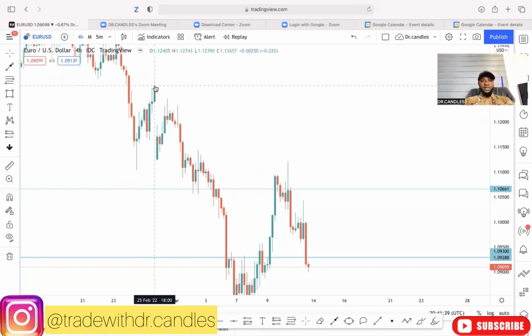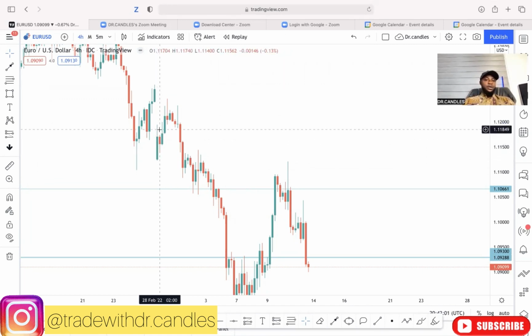So if this is the total gap, I can target maybe the first half. And this first half can be at least about 20 to 30 pips. So if it is more than 20 pips, I still target 20 pips, and then I'm out of the market. But I am very sure that this market will definitely close at least some part of the gap. So that is how we trade gap.